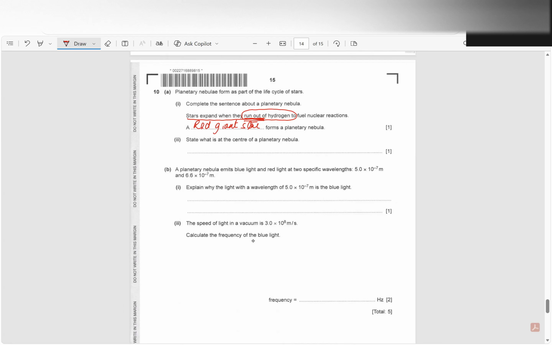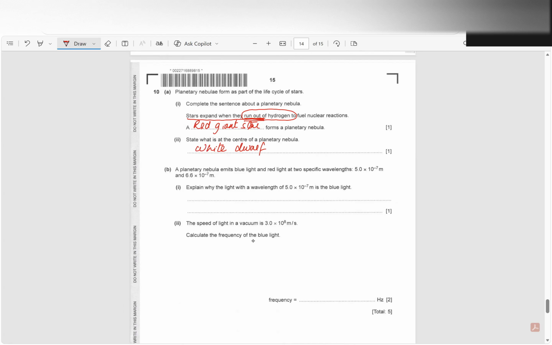Number 2, state what is at the center of the planetary nebula. What is at the center? White dwarf. Okay. So these are the stages that we learned, and this is something that you need to revise as well.